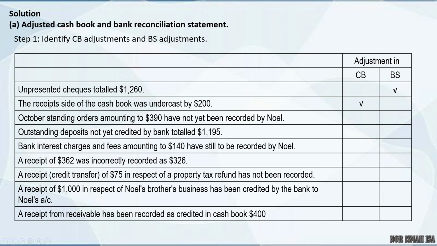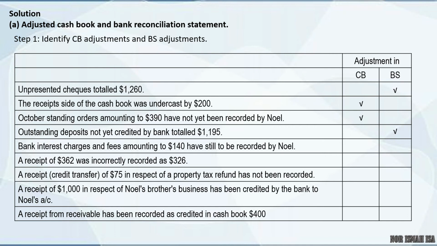And then number C, standing order. This transaction occurred in the bank statement. We can see this amount will appear in the statement, not in the cash book, so the adjustment should be done in the cash book. And the outstanding deposit, this one appears in the cash book, not in the bank statement, so the adjustment should be done in the bank statement.